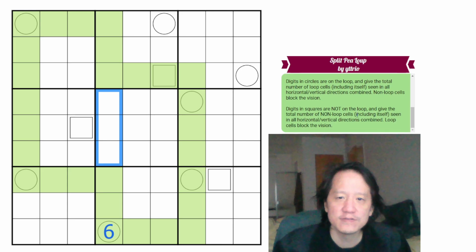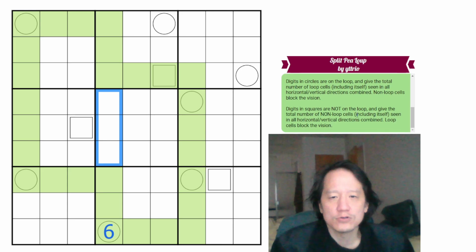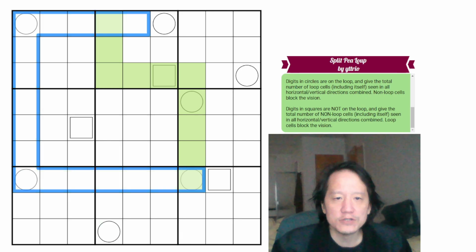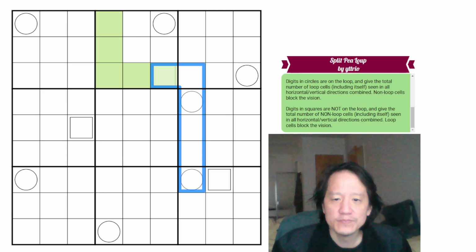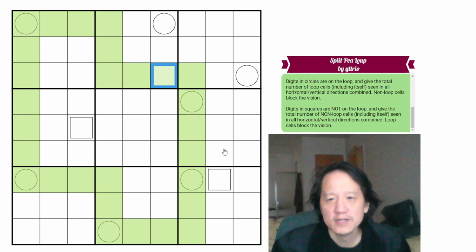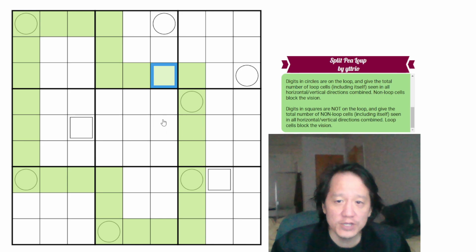And that's the rule for the circles and the digits. Digits in squares are not on the loop. So my example would not have worked here specifically. And they give the total number of non-loop cells, including itself, seen in all horizontal and vertical directions combined.